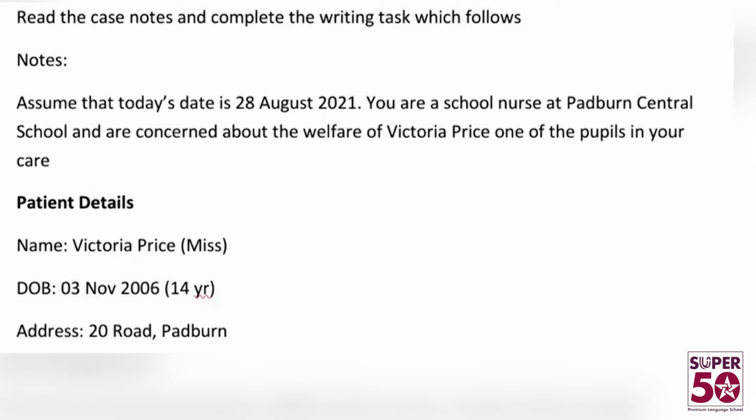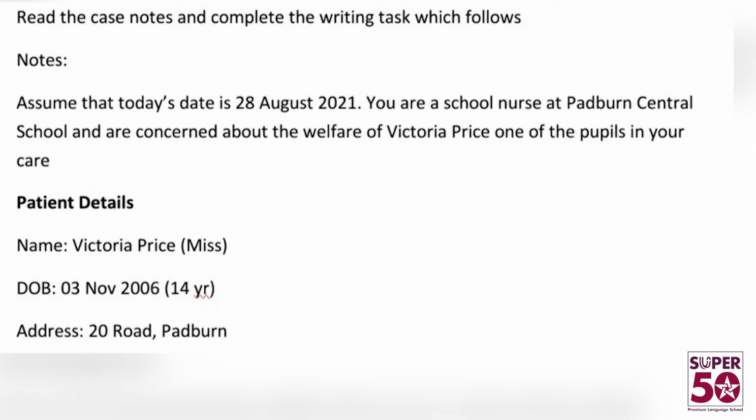Now, I'll begin with the case notes. Assume that today's date is 28th of August 2021. You are a school nurse at Padburn Central School and are concerned about the welfare of Victoria Price, one of the pupils in your care. The patient's name is Miss Victoria Price, a female student, 14 years of age.